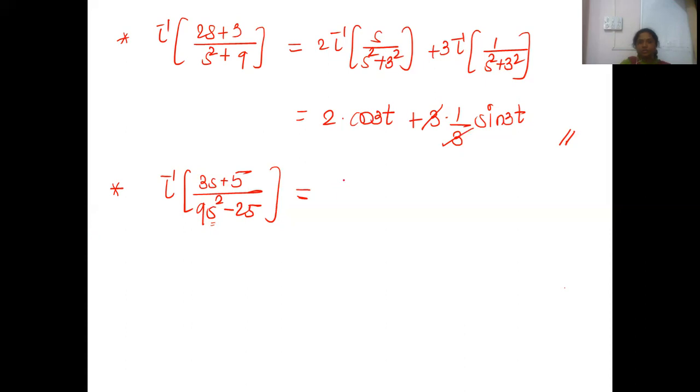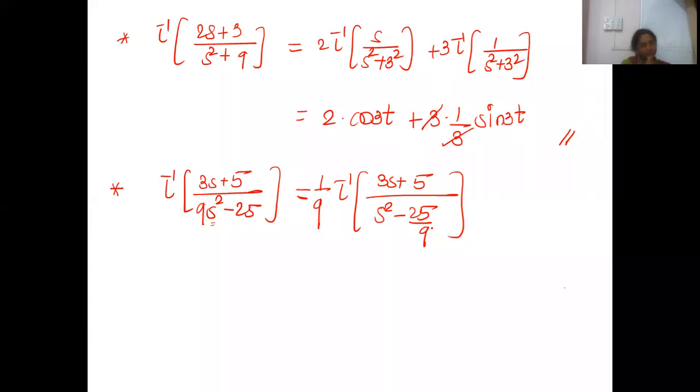First, from the denominator, we take out 9. So the numerator as it is, upon s square minus 25 by 9. Everyone is getting the step? Yes, because we have the formula s square minus a square, but there is something with s square, so you should take that out.